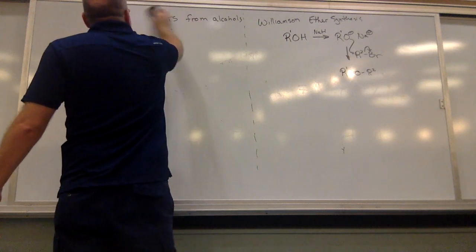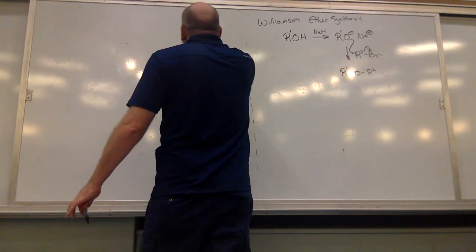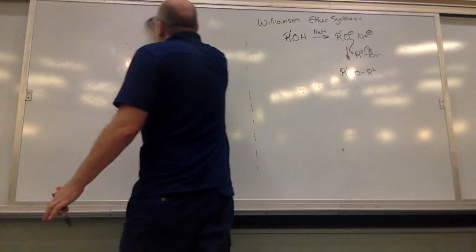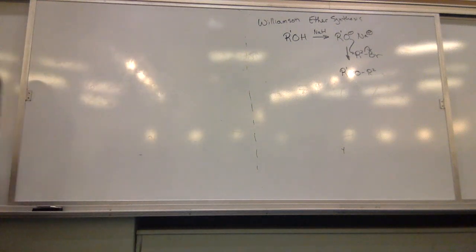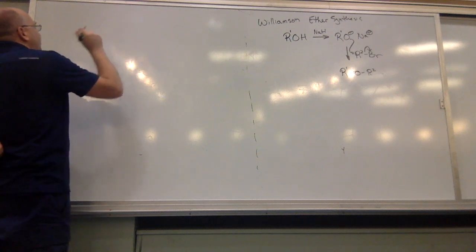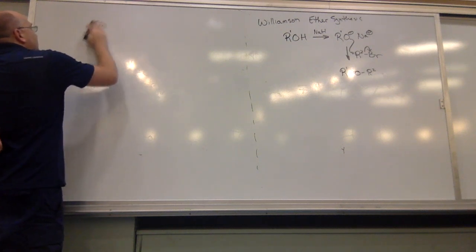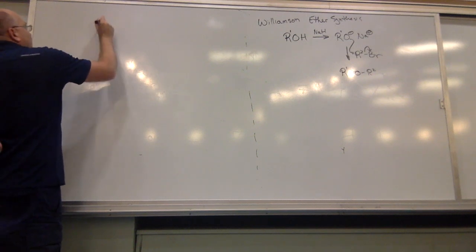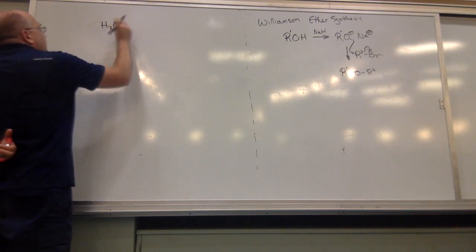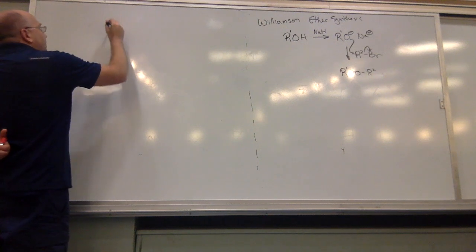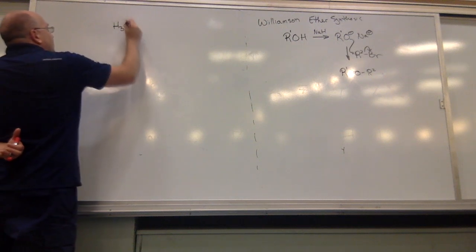Because one of the things that we have to keep in mind here is, let's give a classic example, right? Let's say, for example, that we want to make, this is probably the simplest way to explain this, just to start.